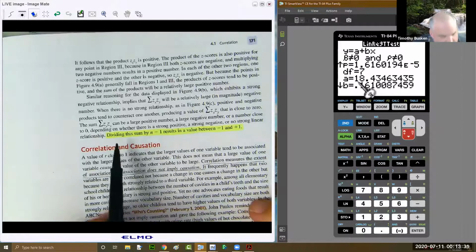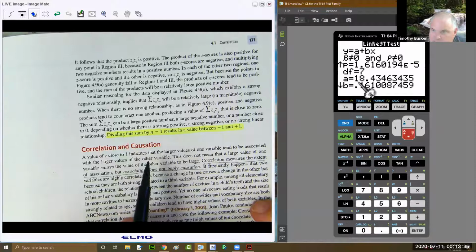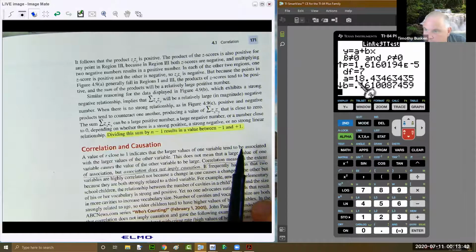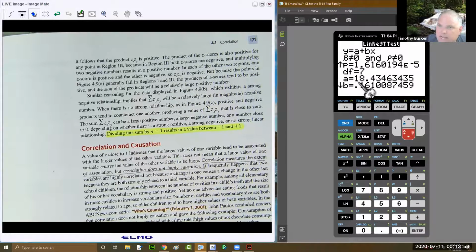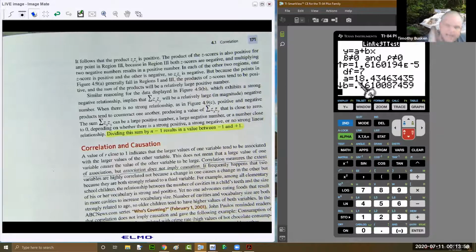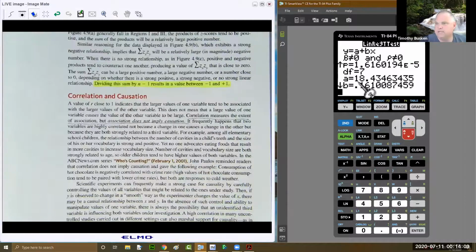And it turns out that whenever you divide this sum by n minus 1, we did some math earlier and showed that that always results in a number between and including -1 and 1. This is another reason why we can think of the correlation number as a percentage. It measures the percentage strength, and of course the direction is given by the sign, whether it's positive or negative.